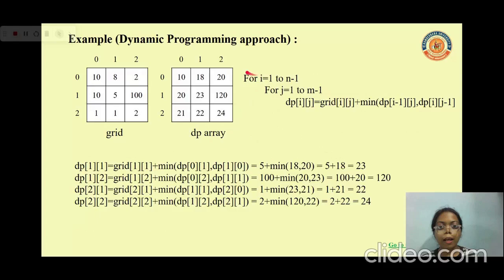And now we will fill the remaining cells with the help of this loop. Then at each step we will compare the up or left value. Here between 20 and 18, I can see that 18 is smaller, so I will consider 18 and this grid value. So the sum of these two values gives me 23, and I will continue this for each and every remaining cell.